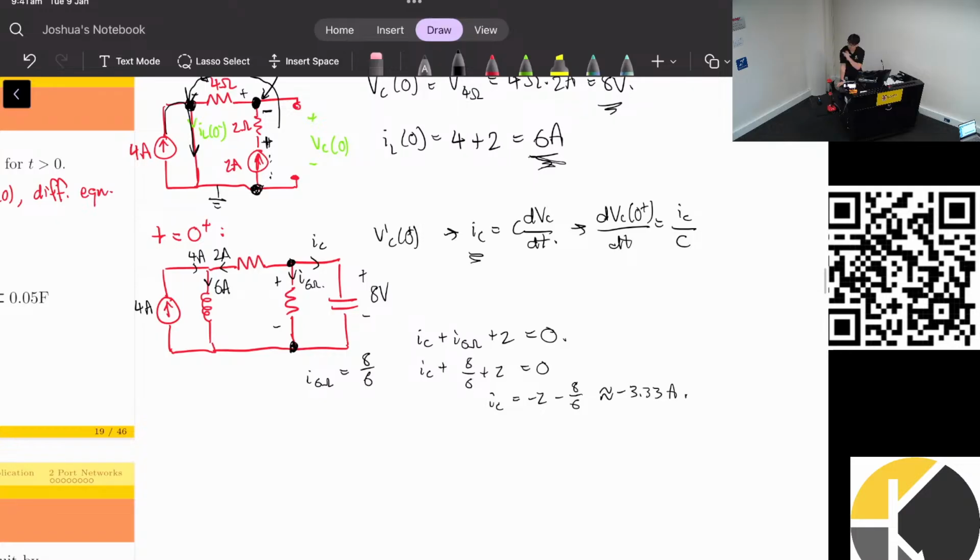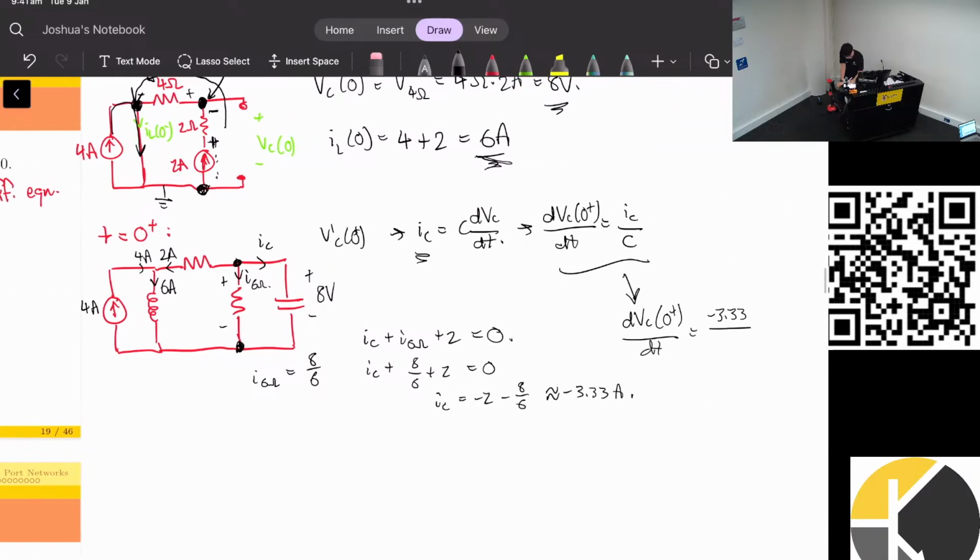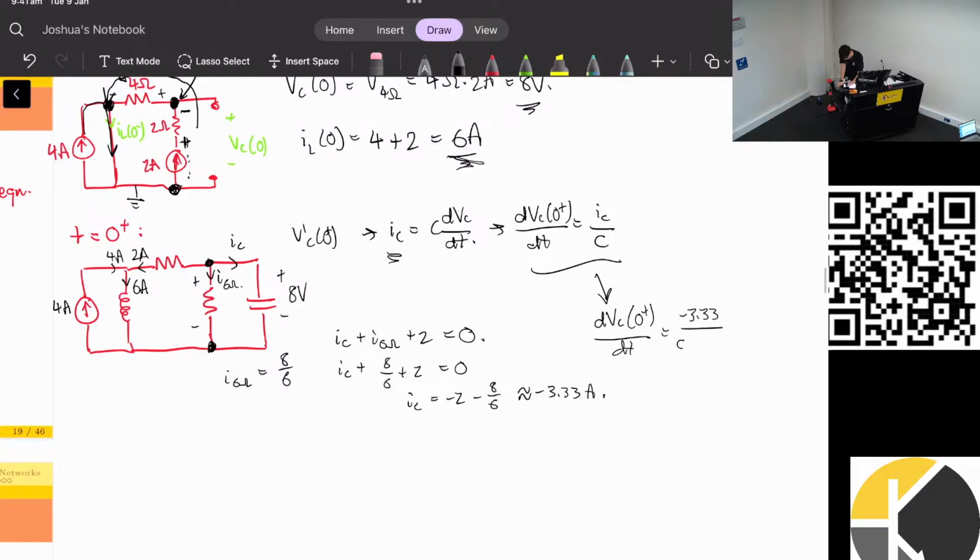Cool. So now I have IC, I can just use this equation here. So I have dVC at 0 plus on dt equals minus 3.33 on 0.05 farads. And that gives us a value of minus 66.67.